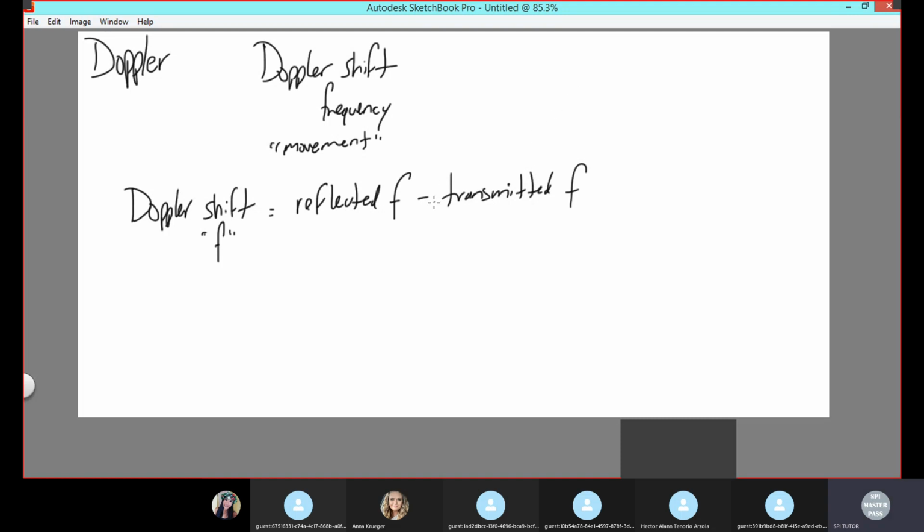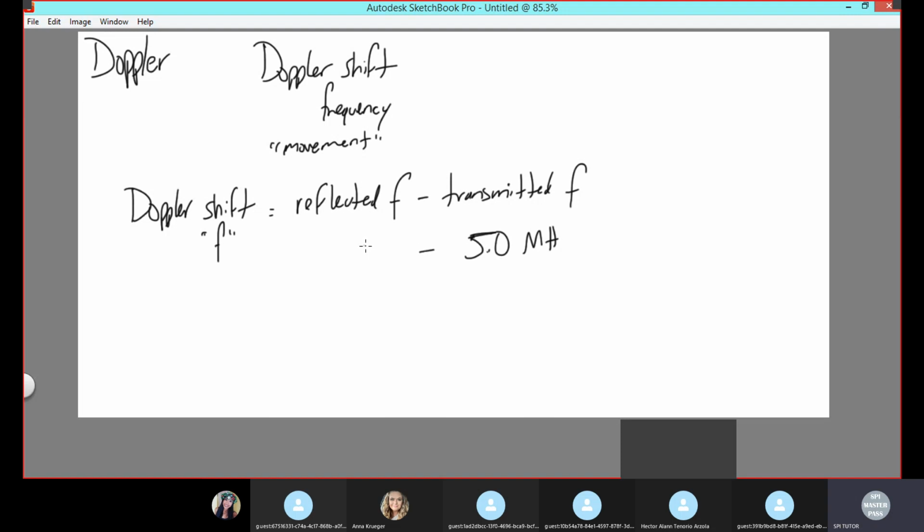All right. So let's do a little bit of math here, which you're not going to do in the SPI, but is to prove a point. Transmitted is what goes into the body. That is what leaves my transducer. So let's say that what leaves my transducer is 5 megahertz.